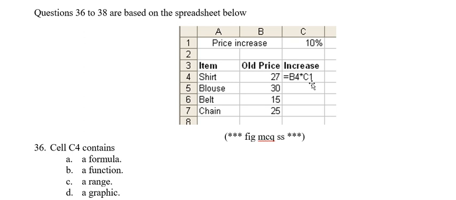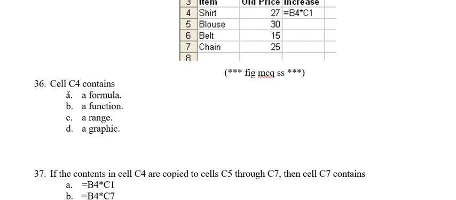C1 is where the 10 is located. Looking at this, I know that if I copy it, it will give me wrong information unless I have a $ sign in front of the C and a $ sign in front of the 1, so that the reference is fixed.